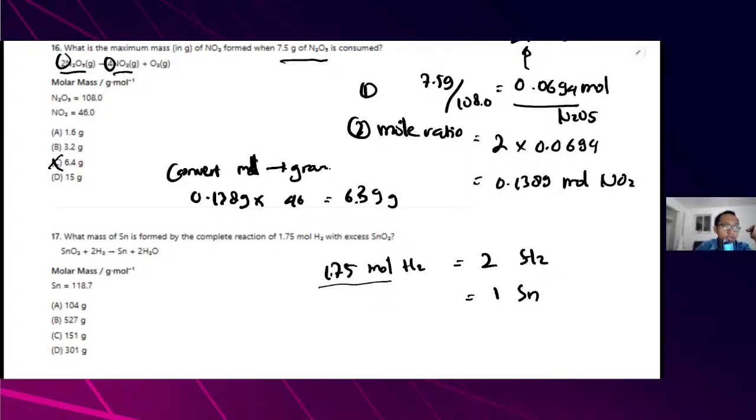So it's pretty easy for us to determine Sn. Let me calculate first, guys. 1.75 divided by 2.